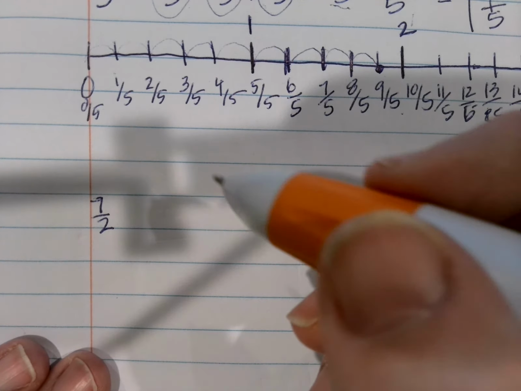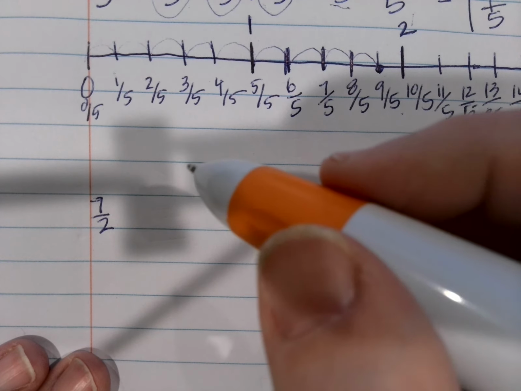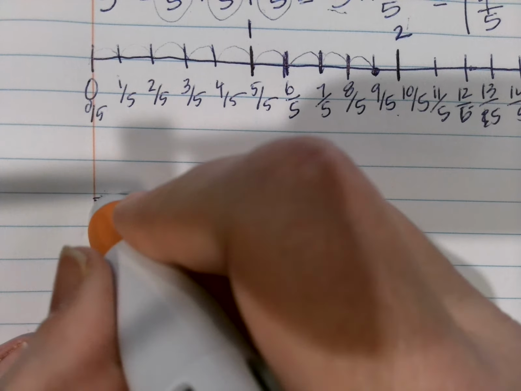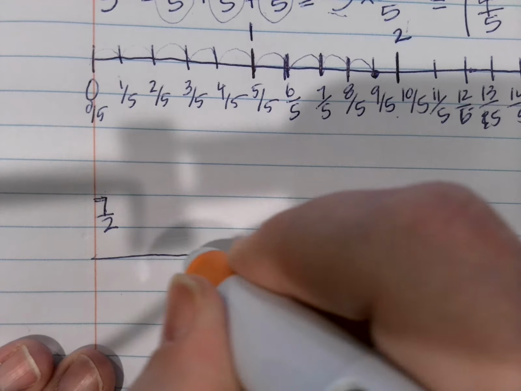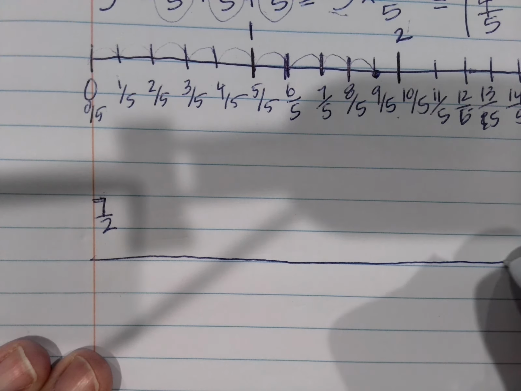Okay, so 7/2. We cannot divide 7 equally. So it doesn't go into equal parts.